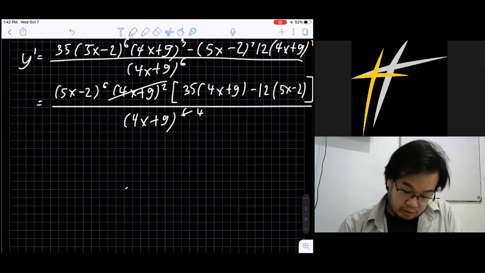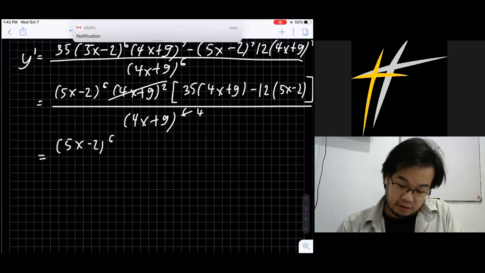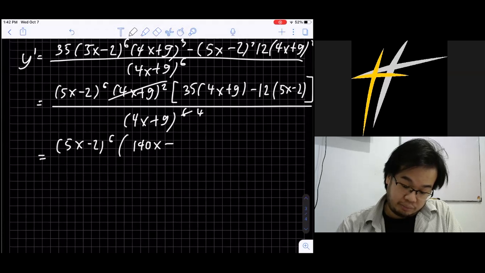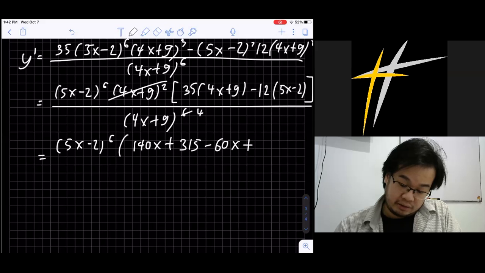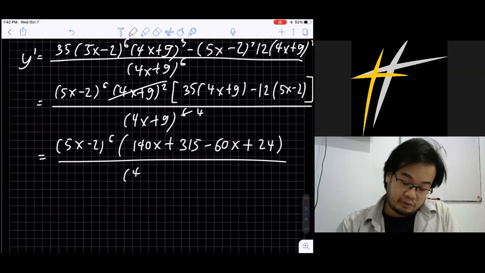So it's equal to (5x minus 2) to the power of 6, and then we have 140x plus 315 minus 60x plus 24 over (4x plus 9) to the power of 4.